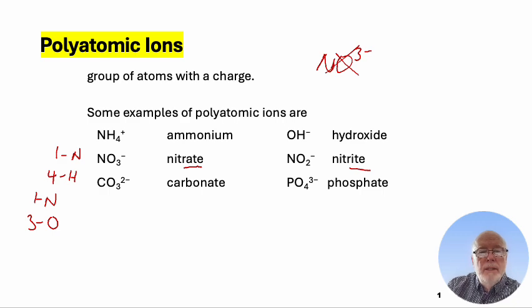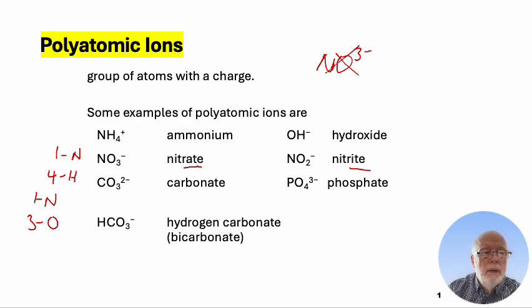Those 3 that end in ATE, that means the most oxygen that can be combined with that other nonmetal is combined here. So phosphate might be PO4 -3, but we're going to see there are also like PO3 -3, which is phosphite. And the last one I want you to see is a hydrogen carbonate, which is also called bicarbonate. 1 hydrogen, 1 carbon, 3 oxygens, charge of -1.